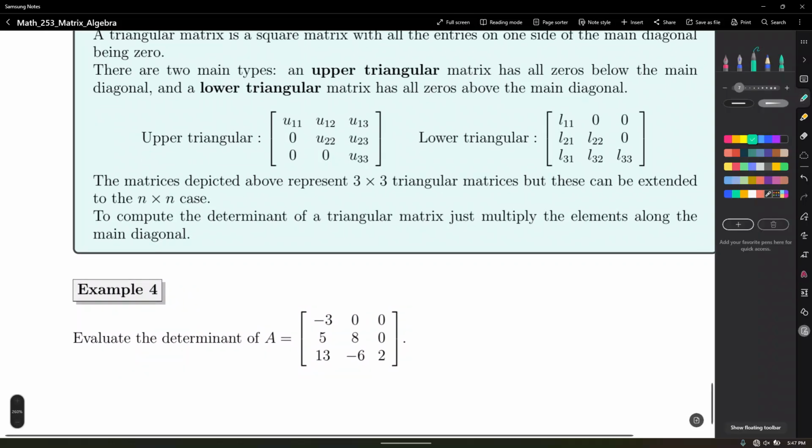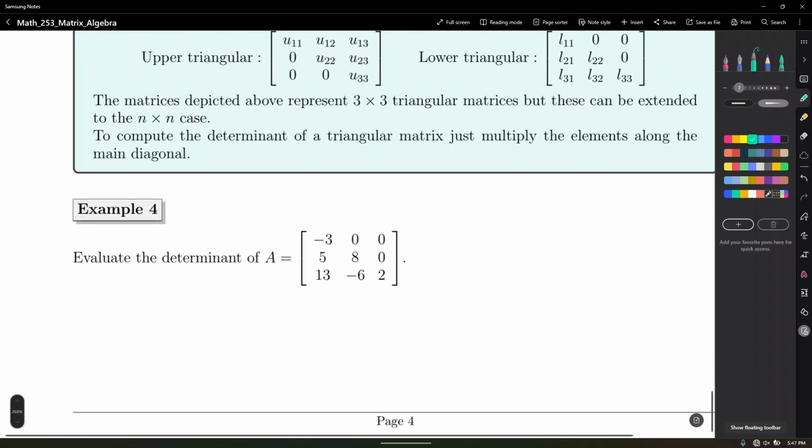Okay, evaluate the determinant of A, equal to negative 3, 0, 0, 5, 8, 0, 13, negative 6, 2. The determinant of A would be, and by the way, guys, for the determinant, be sure to use the proper notation. We don't use brackets or parentheses for determinants. Just go with bars like absolute value bars: negative 3, 5, 13, 0, 8, negative 6, 0, 0, 2.